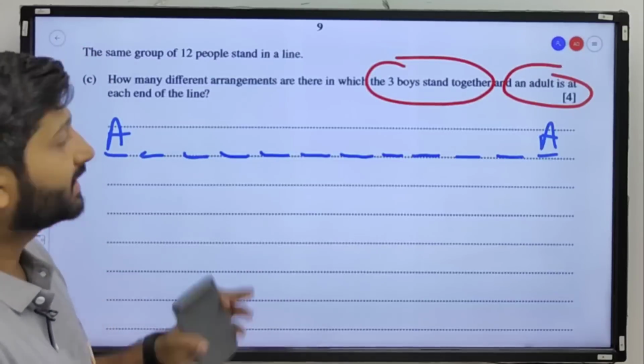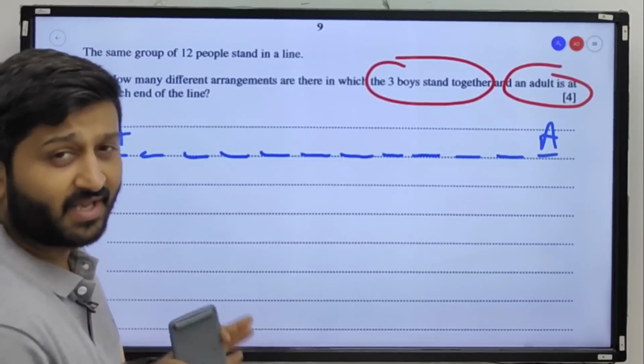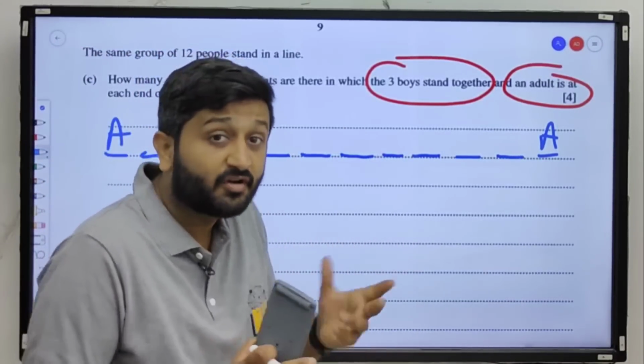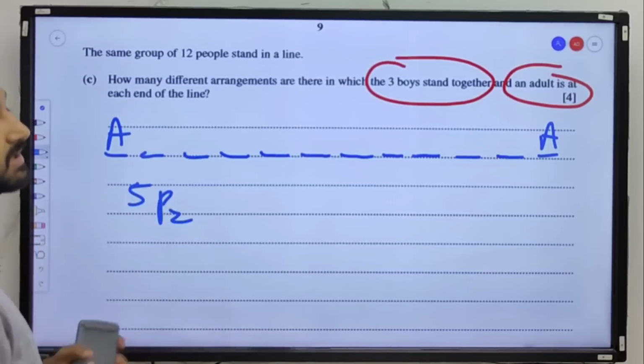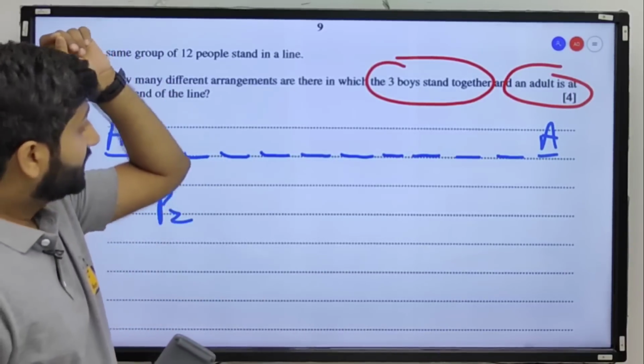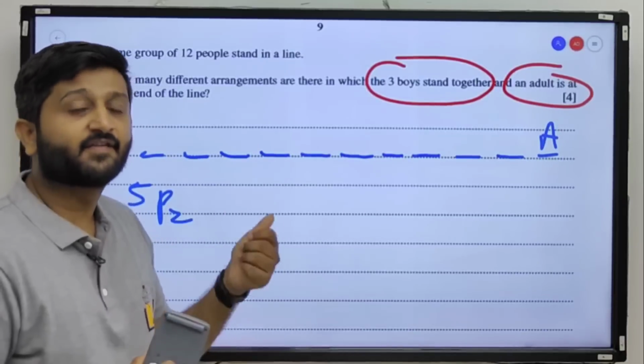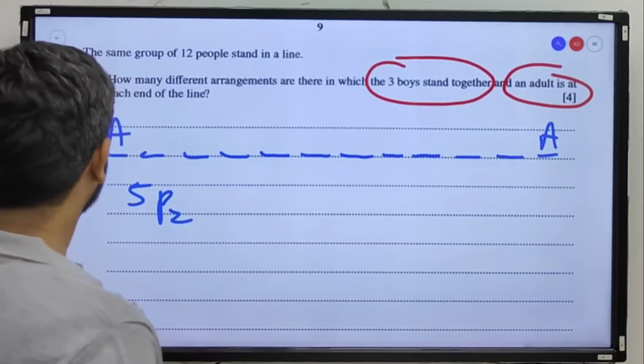So how many positions are the adults occupying? 2 positions. Any 2 adults will come out of 5, so 5P2, because here the position matters. That is why we have used permutation and not combination.